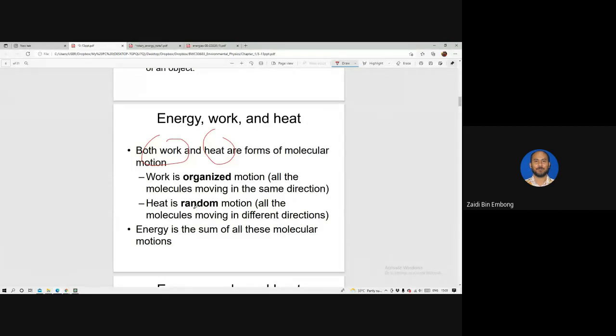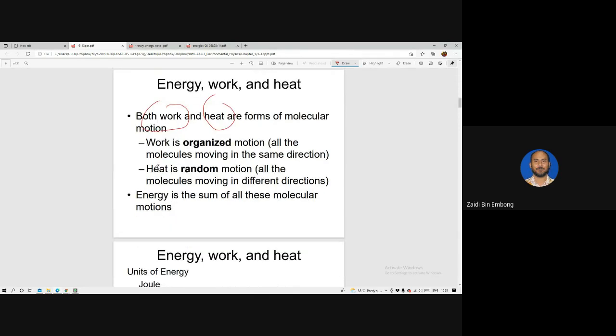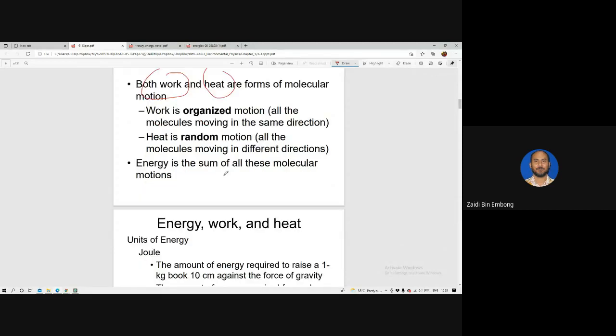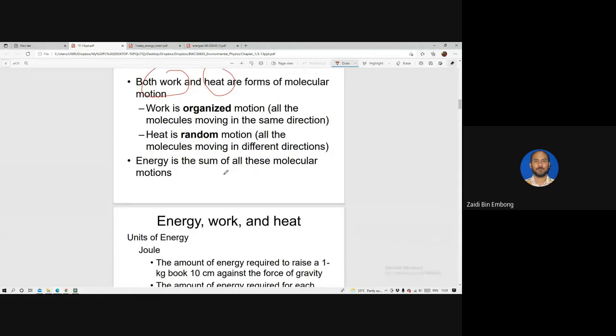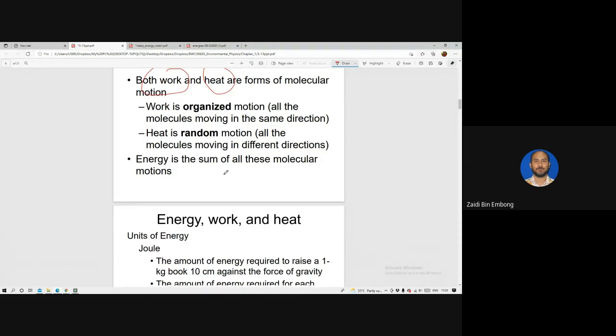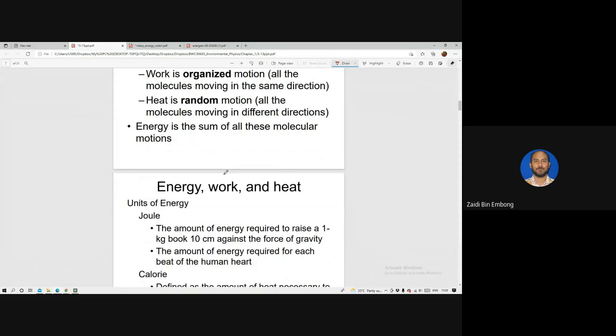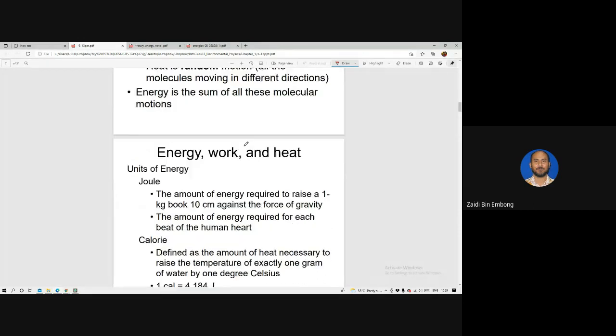It cannot be destroyed, but it can be transformed into another form. Work is organized motion, while heat is random motion. If you look at the first law of thermodynamics, heat will move from the hottest area to the coldest area. Energy is the sum of all the molecular motion.